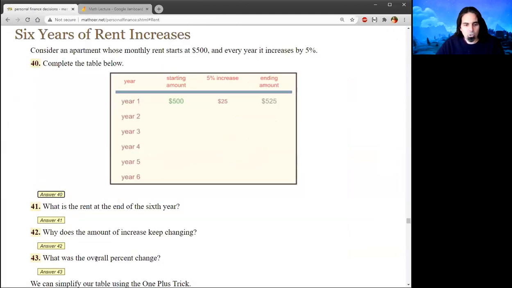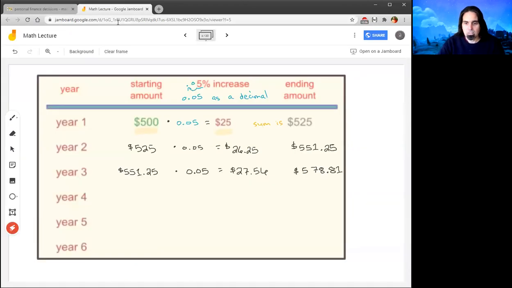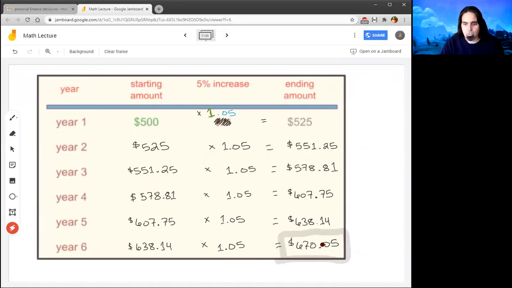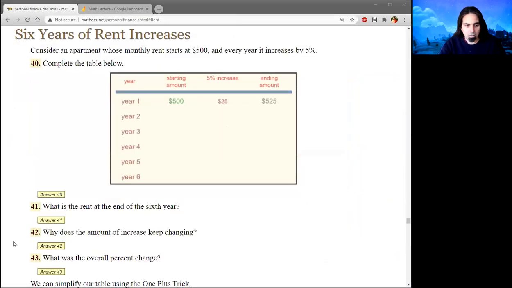What's the overall percent change? That's an interesting one. So we're going from 500 to 670.05.